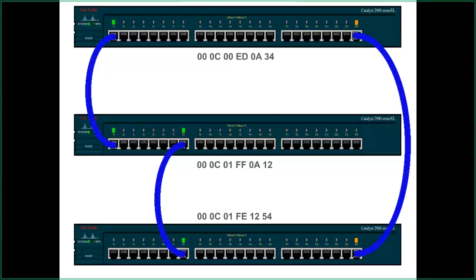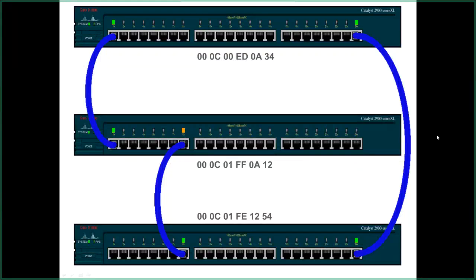And then the third one is negotiating and they are on. And then one of them turns off. This one in the middle.